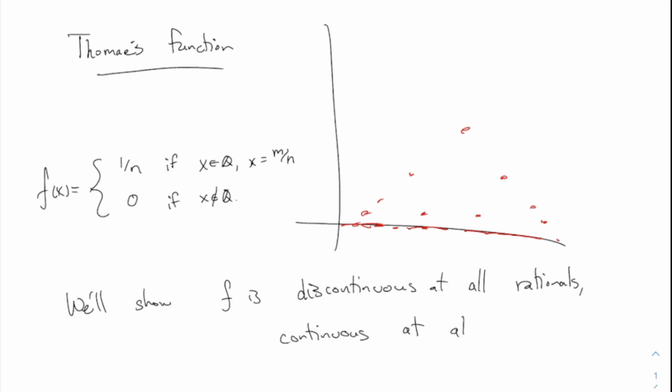Continuous at all irrationals. All right, very strange. It is actually continuous at the irrationals. The irrationals are the ones that all go down to 0. But when I say it's continuous at those values, what it means is not only is the irrational value down at 0, but all the nearby values are also near to 0. That's what we would have to demonstrate to show that it's continuous at all irrationals, right?